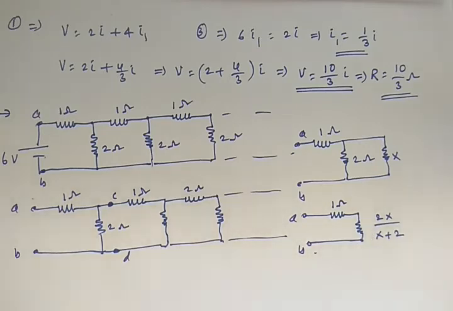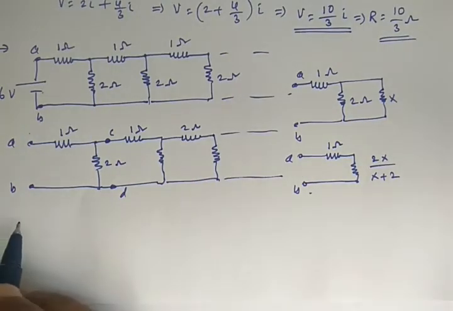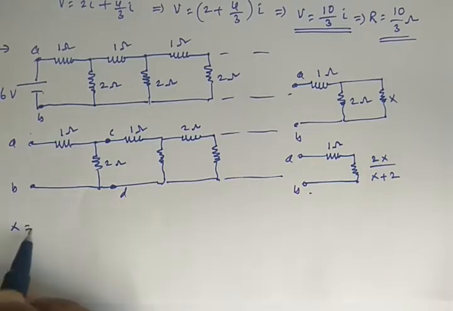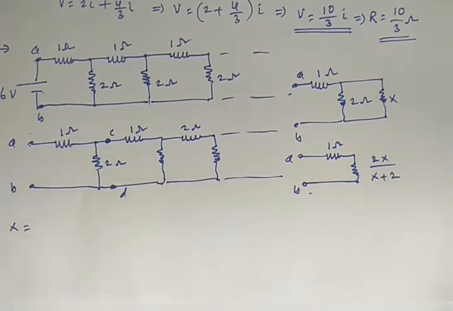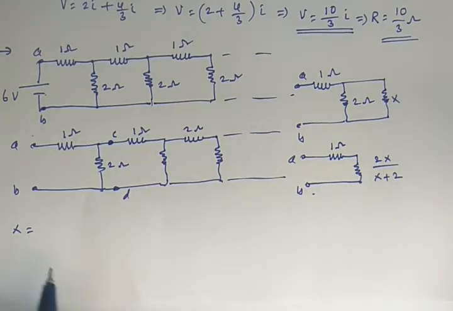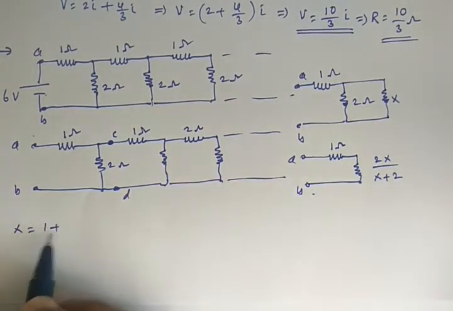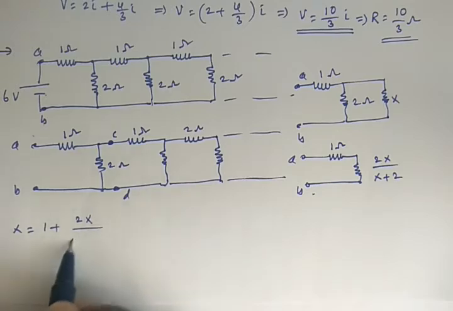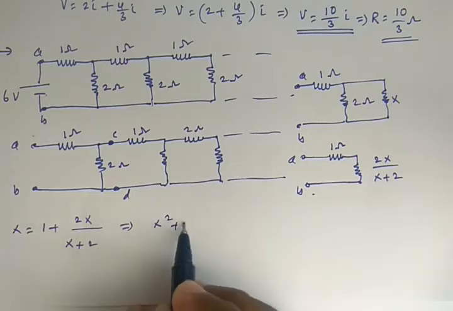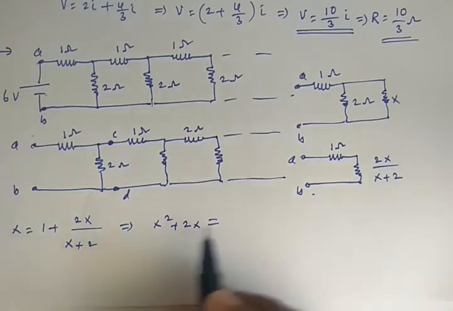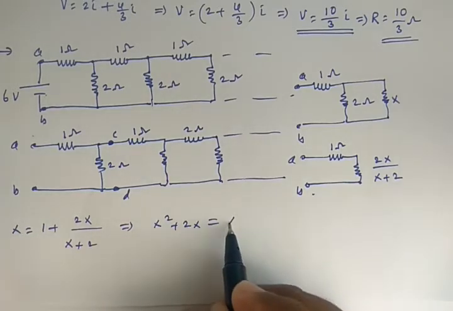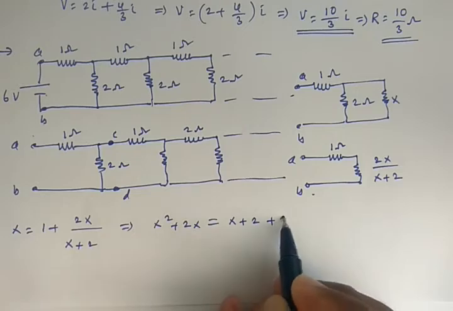So now X equals 1 plus 2x by x plus 2. That implies x square plus 2x equals x plus 2 plus 2x.